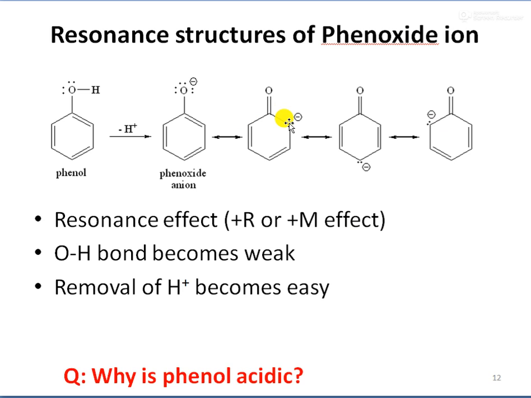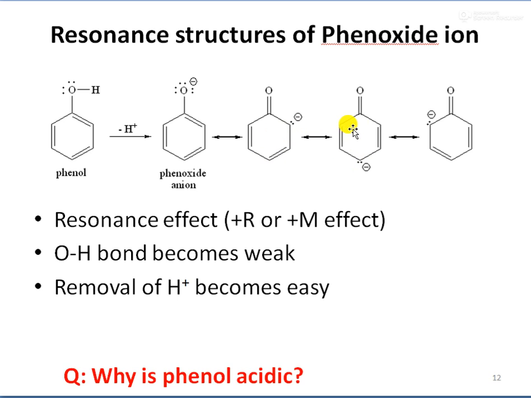And now the next shift will be that the negative charge is shifting to the next carbon atom. So here a double bond will be formed, and this double bond will break off, giving extra electron density to the para position. So this is the resultant structure.